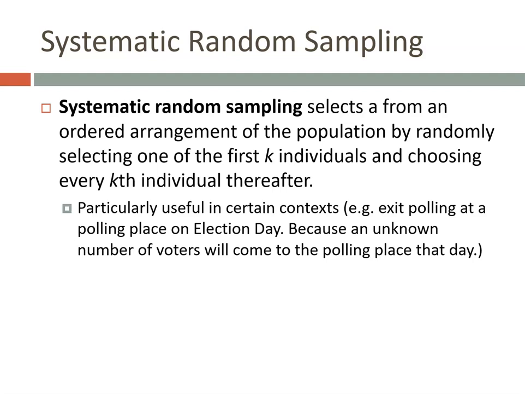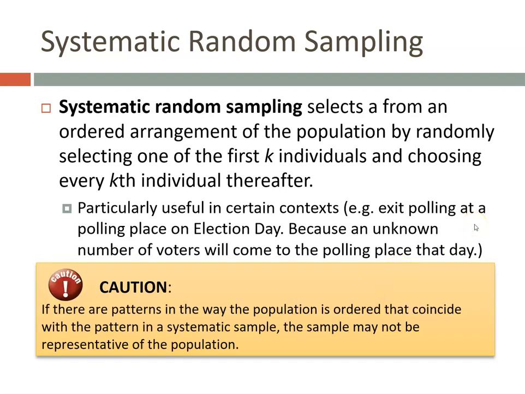For example, at exit polling on election day, since you're unsure of how many voters are going to come, you'd say, I'm just going to ask every 10th person who they voted for and keep going until I've run out of people. A caution against systematic random sampling: if there are patterns in the way the population is ordered that coincide with a pattern in the sample, then the sample might not be representative of the population.